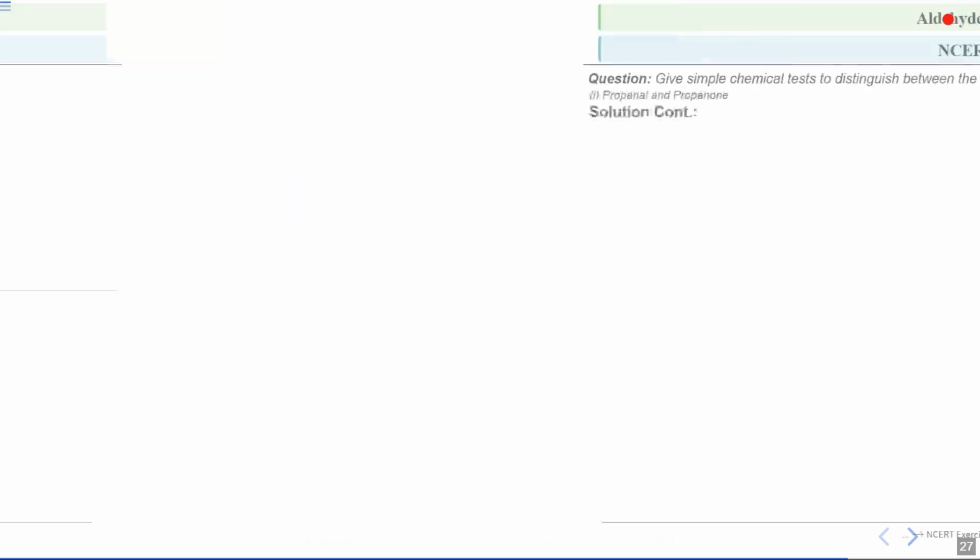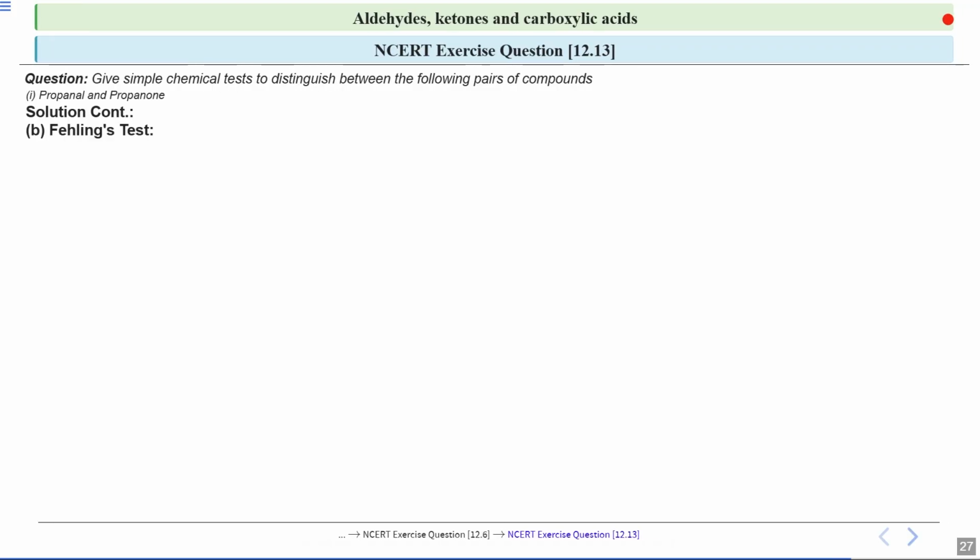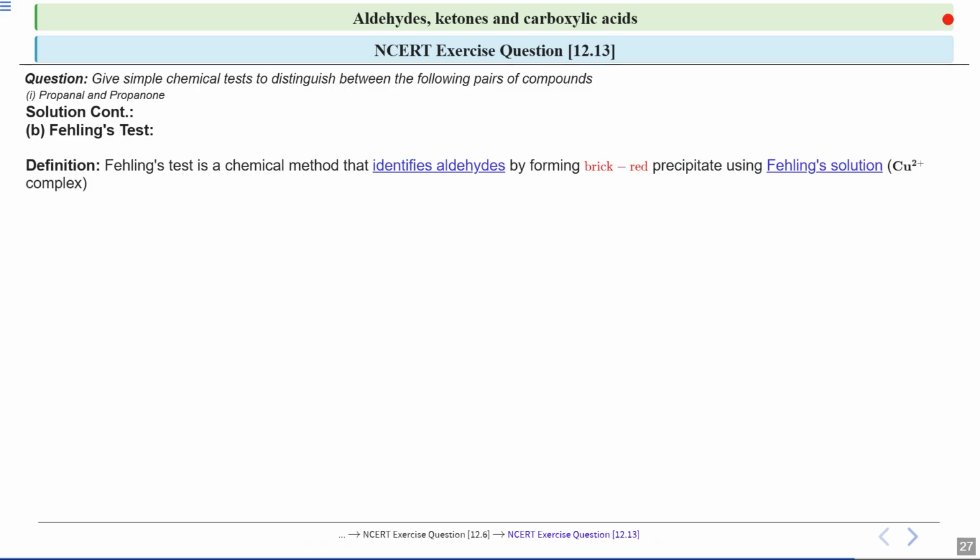Now we will see the next part. Now we will see Fehling's test. Fehling's test works by using a special solution called Fehling's solution, which contains copper ions.